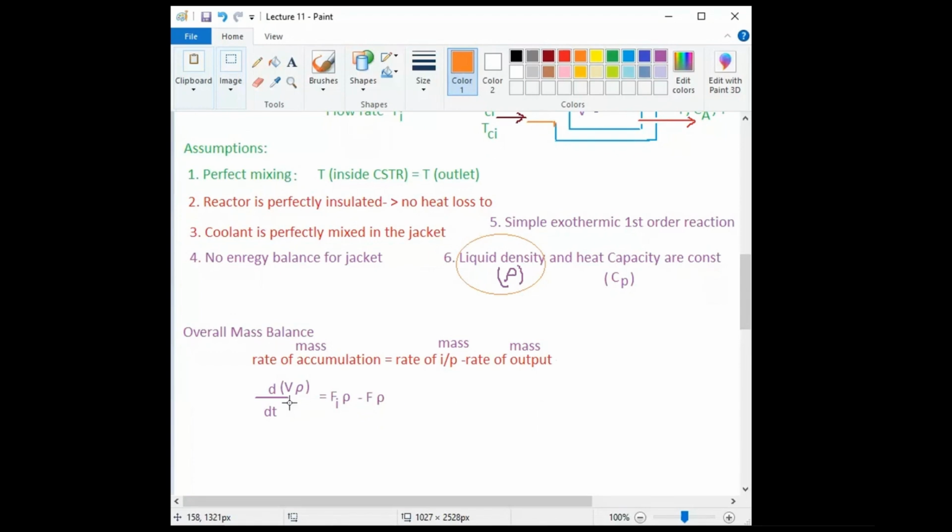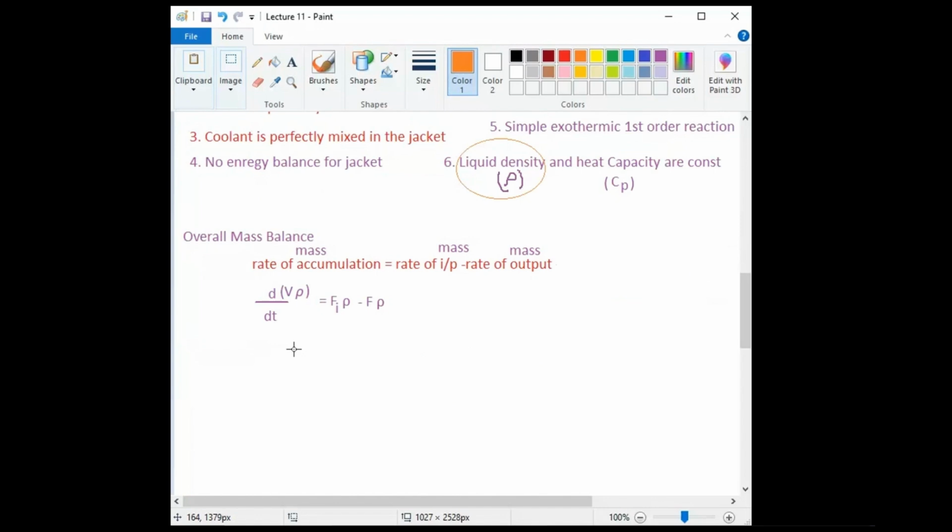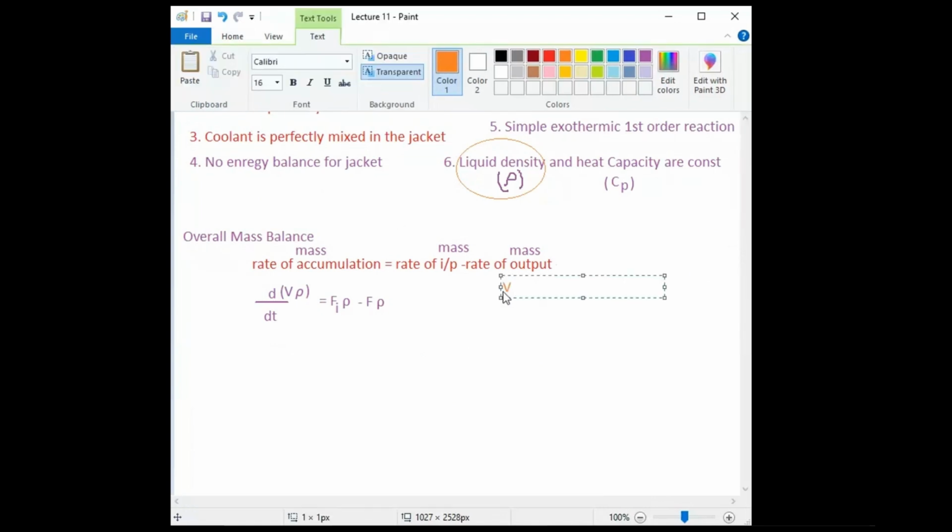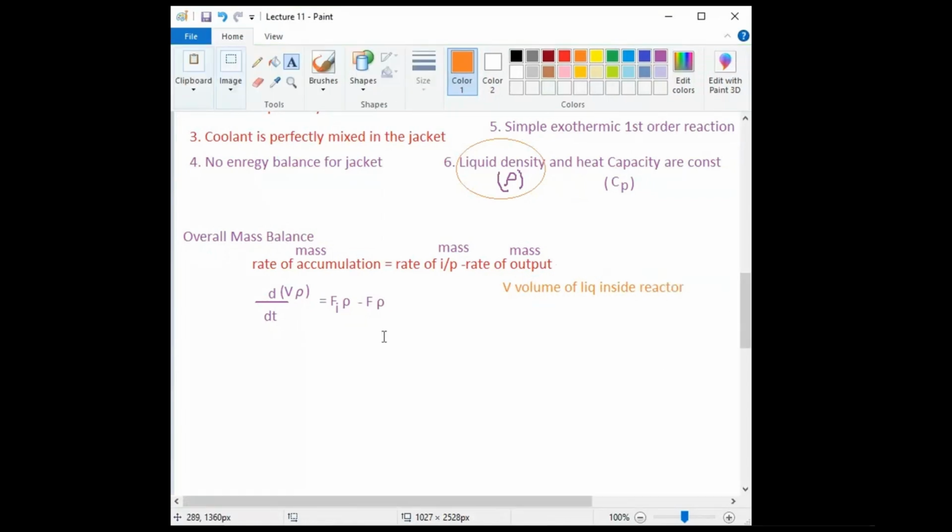Here V is the volume of liquid or the reactant inside the tank, inside the reactor. So we have d by dt of V into rho is equal to Fi into rho minus F into rho.